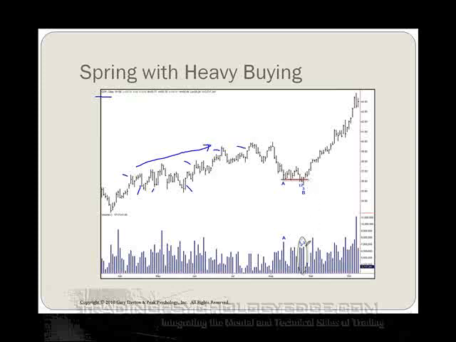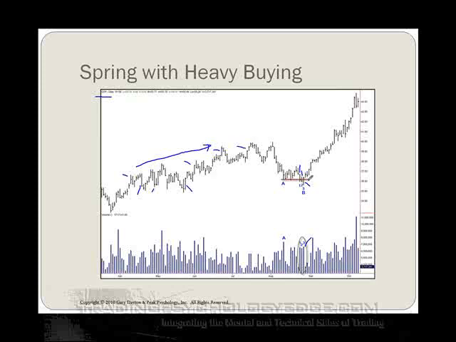Look at all the volume. Look at that. We get a down bar with big volume at 1, bar number 2, another big volume bar, but the market doesn't go anywhere. Even higher volume than either 1 or 2 on bar 3, and it's a spring. It springs right there.